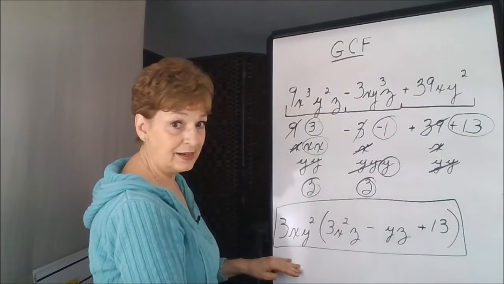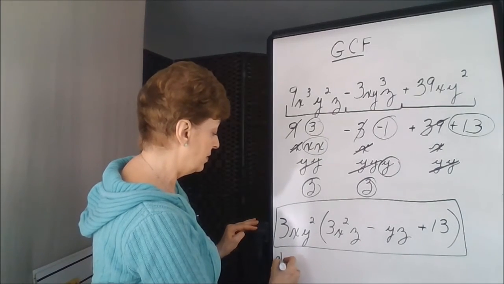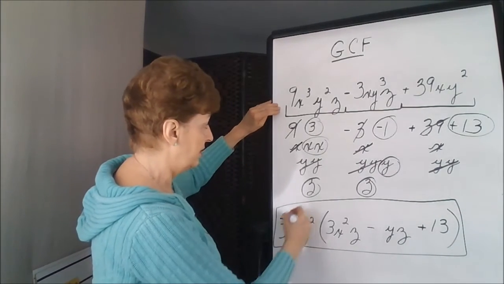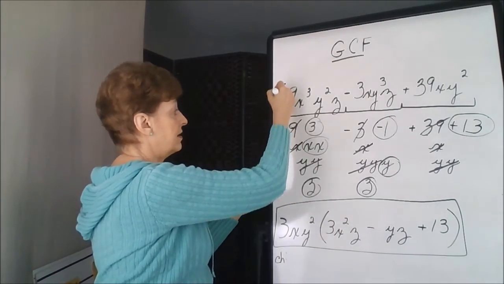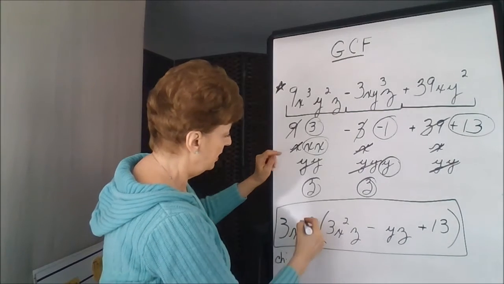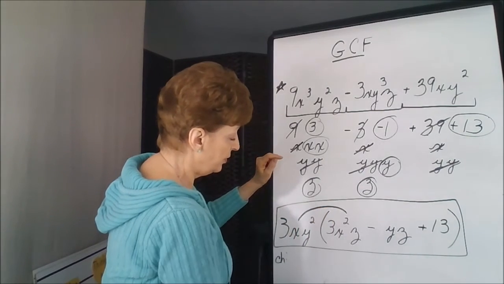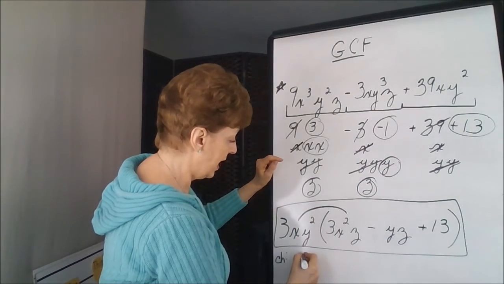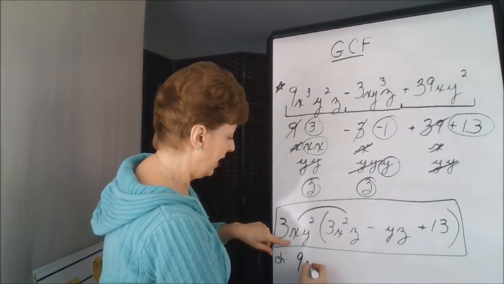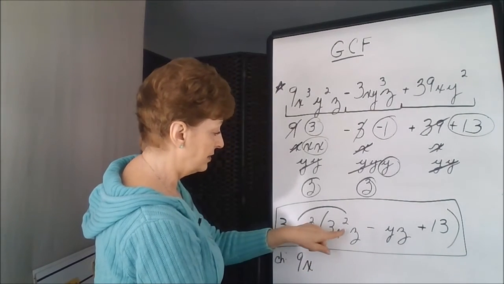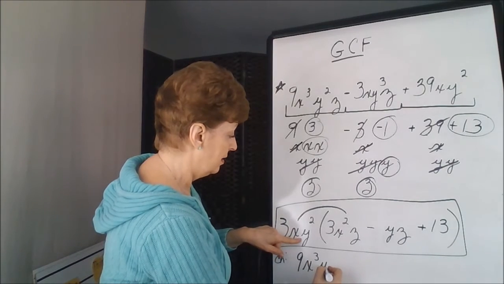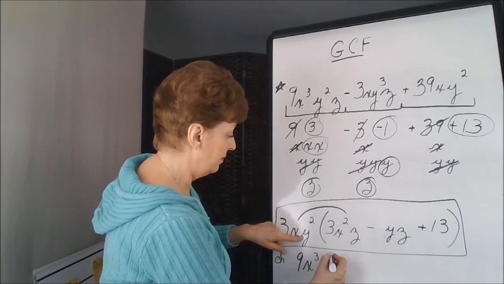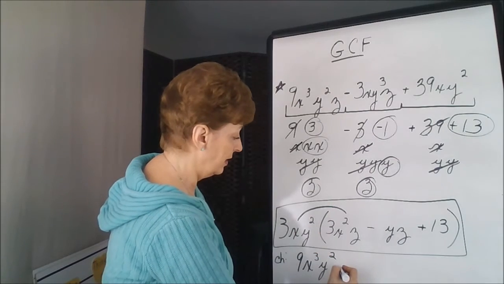but to check it, you would probably need to distribute back. Hopefully we can match what we started with. Let's see. So the first term, 3 times 3 is 9. We have x, 1 here and 2 there, so it's cubed. Y, just 2 of them, and the z.